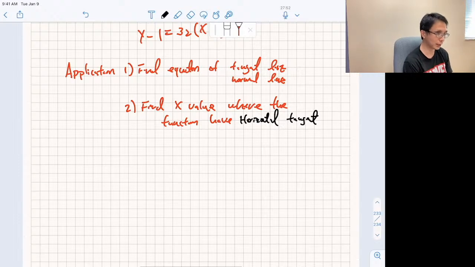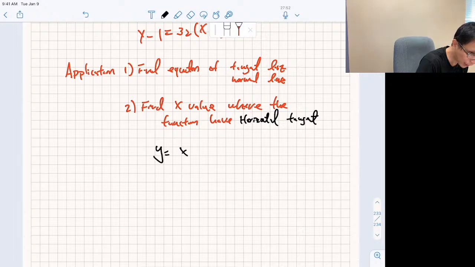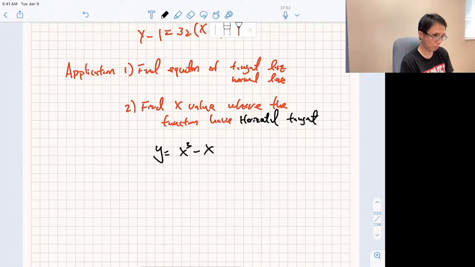And how do I find it? For example, what if I give you a function like this? y equal to x cubed minus, I don't know, x, right? How do I find the x values where the function has a horizontal tangent?